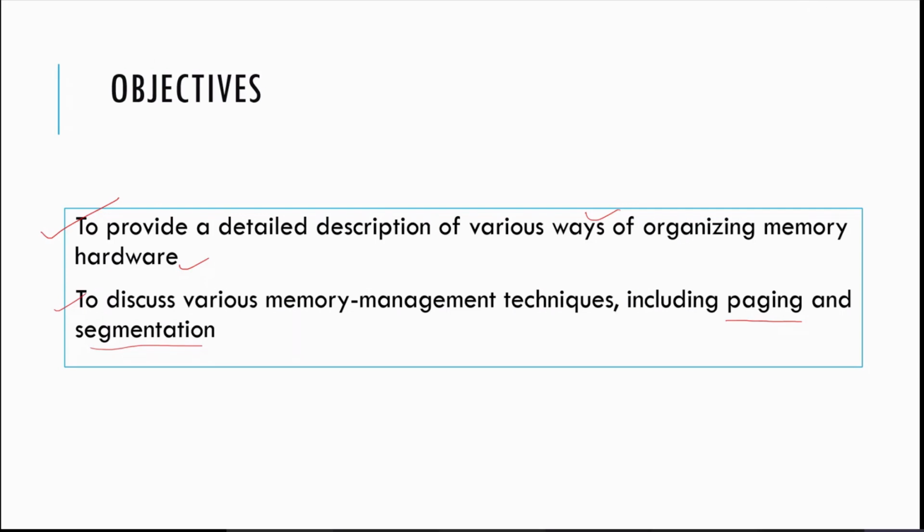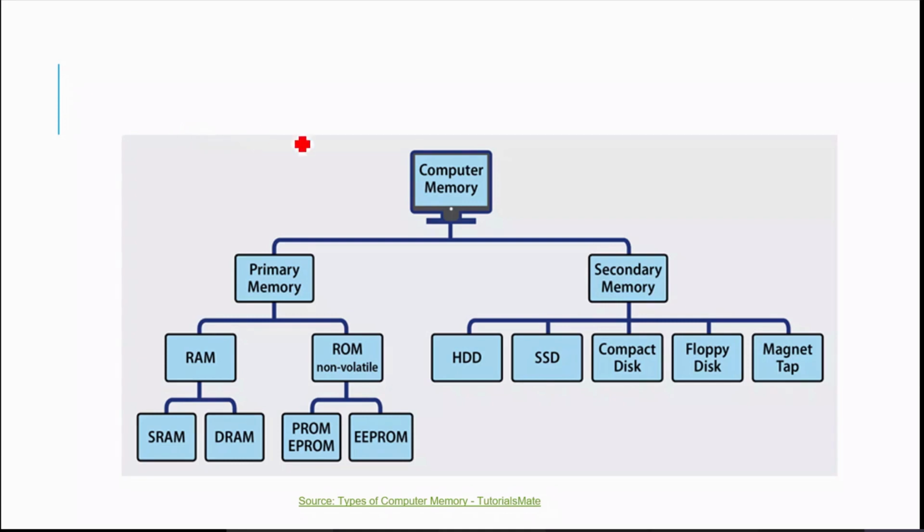So now coming to the memory section. In the computer we have memories. The first one is the primary memory, another one is the secondary memory. In the primary memory, we have RAM and we have ROM.